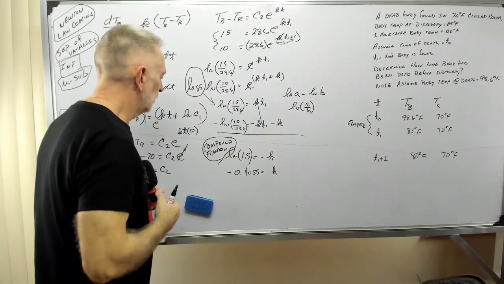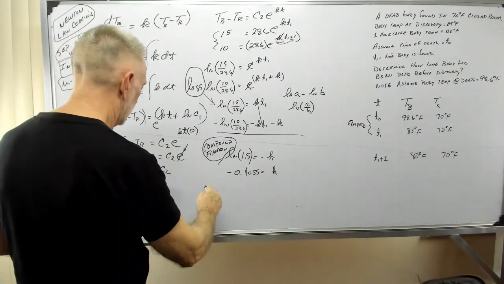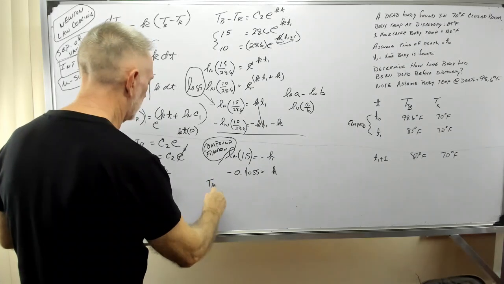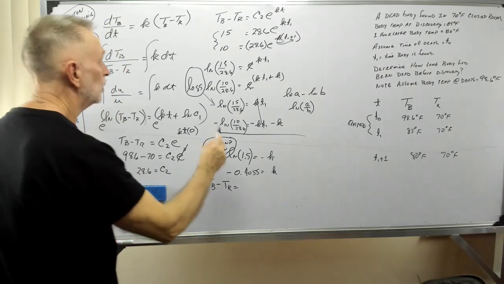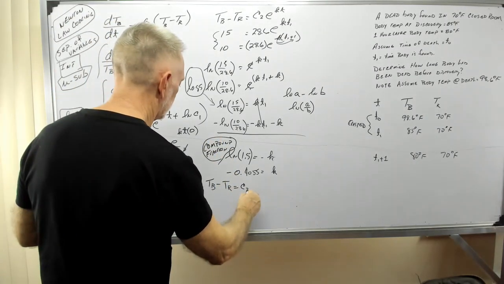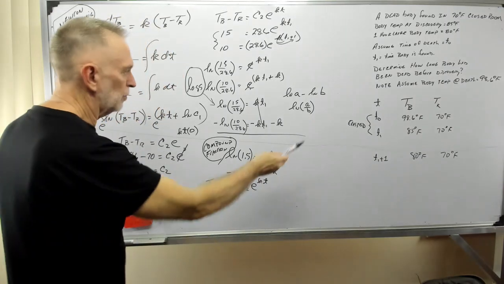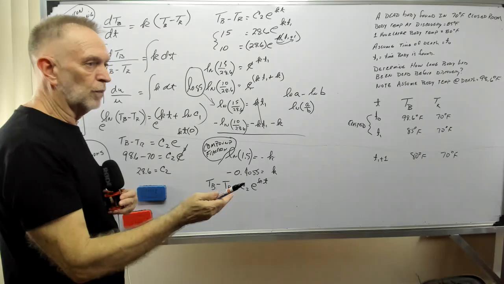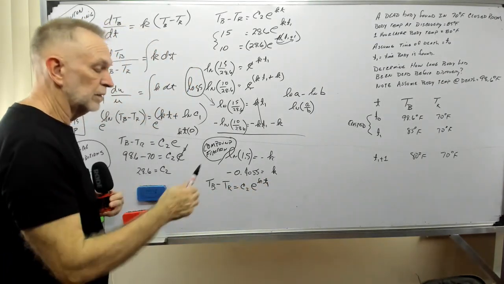Wow. Okay, so what do we have? Now we have our equation. T, the temperature of the body, minus the temperature of the room equals C2 e to the kt. But since we want to know the time that's elapsed here from 0 to T1, we just need to figure out what T1 is.